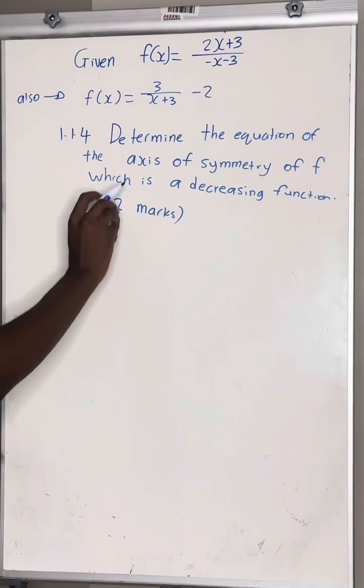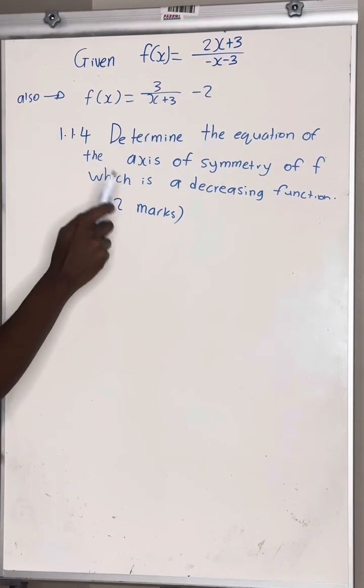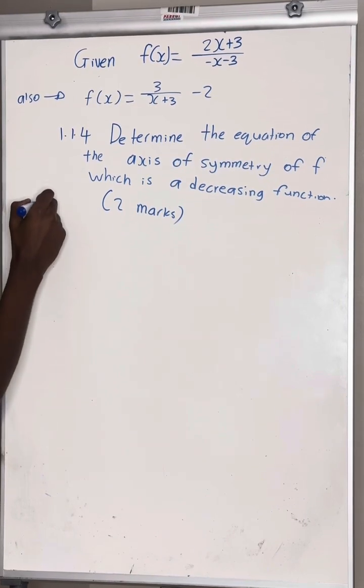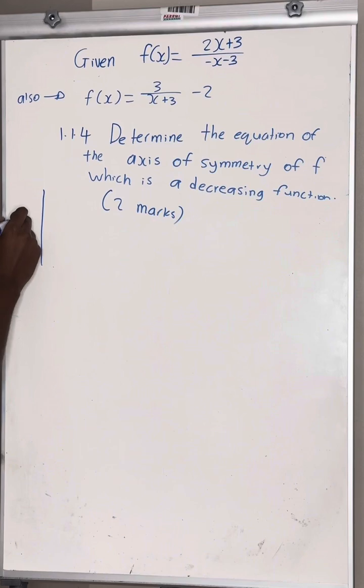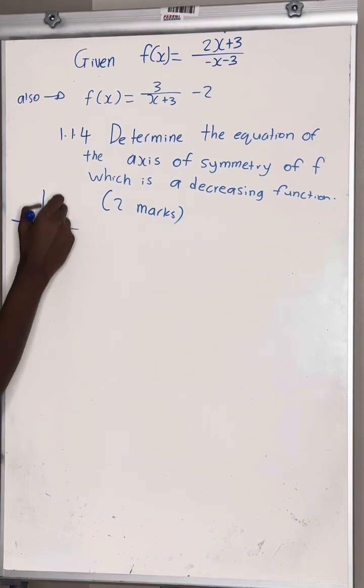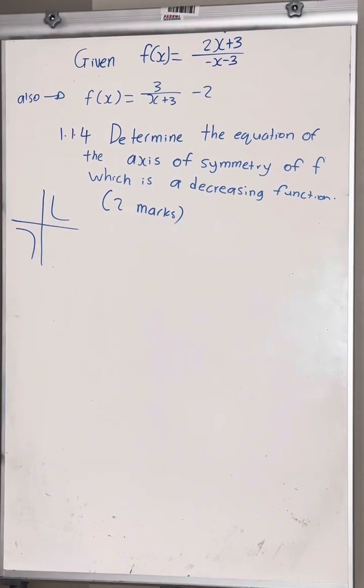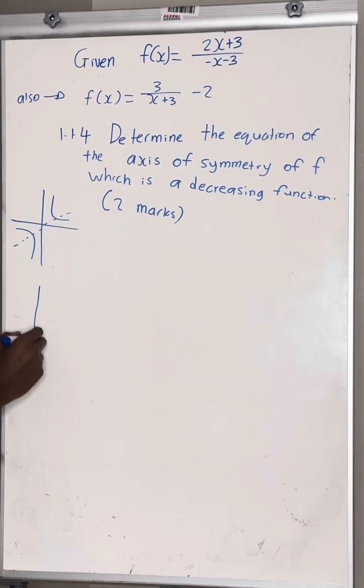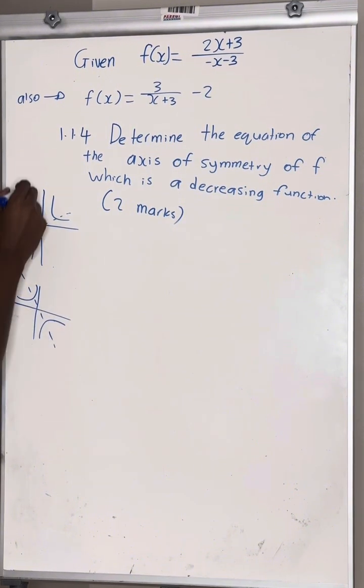Determine the equation of the axis of symmetry of f, which is a decreasing function, for 2 marks. So a hyperbolic function, in basic terms, what they're actually asking for. So let's say this is your hyperbolic function. And then you have your axis of symmetry. So you have a positive axis of symmetry, or you can have a negative axis of symmetry.